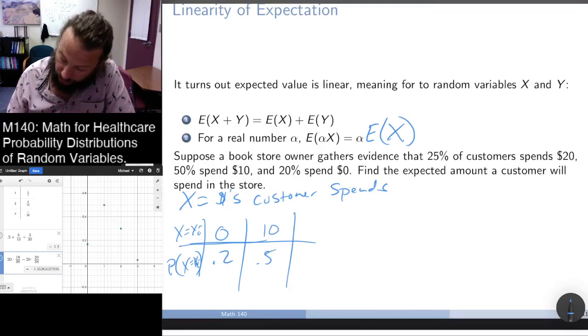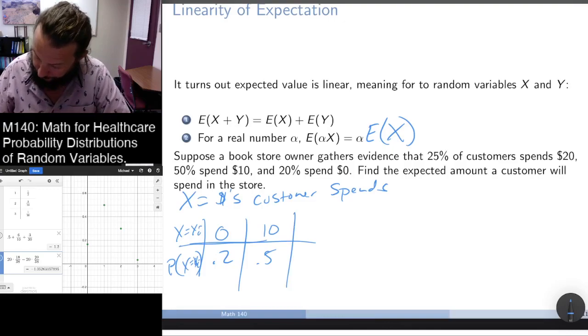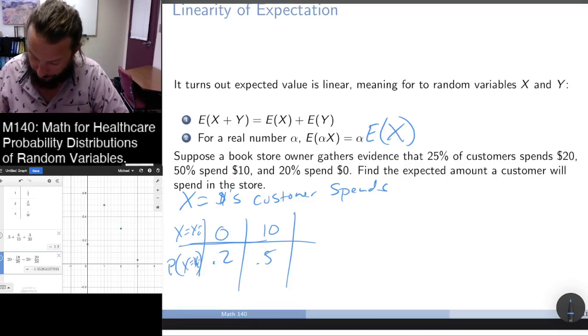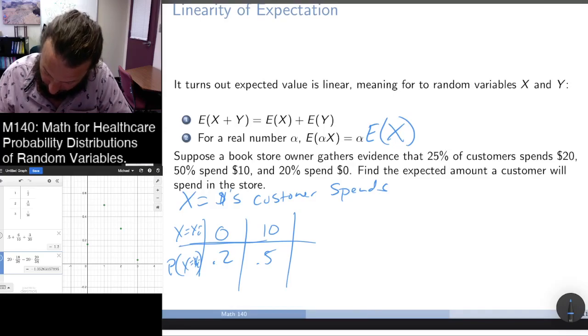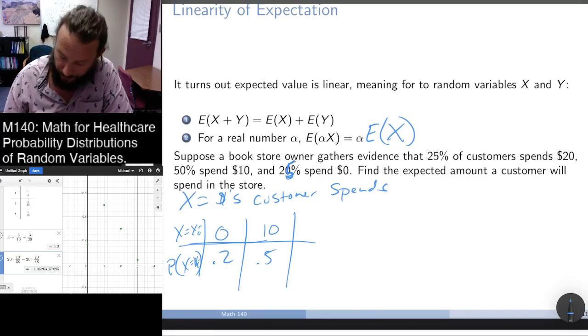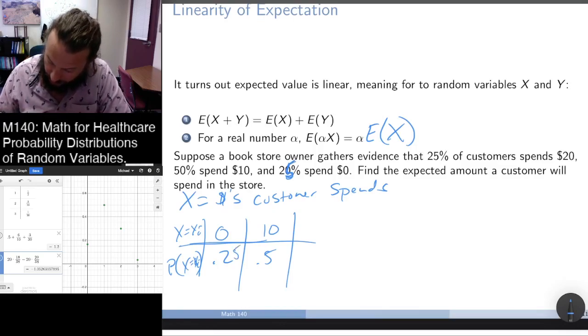And $20, oh boy. Let's change this so we make it nice, this is 25%. I apologize, that was a typo. So this is 25% and 25% there for the 20.